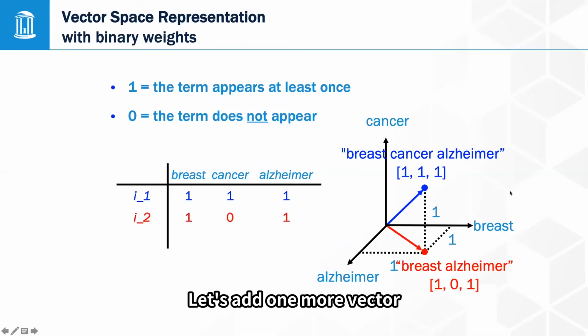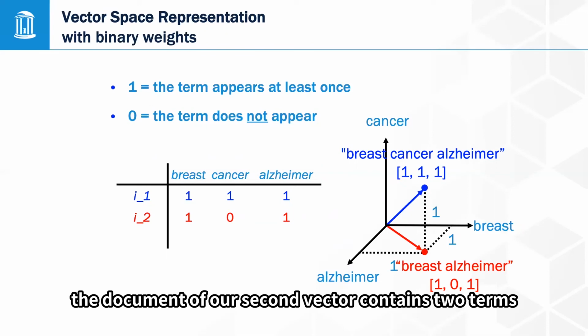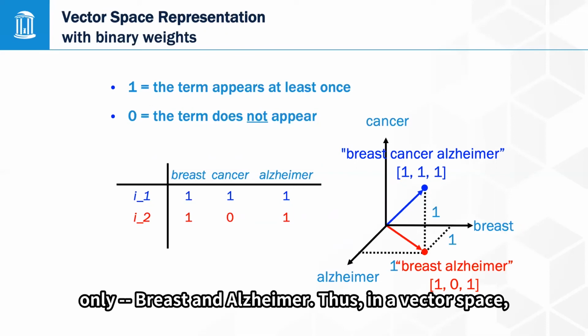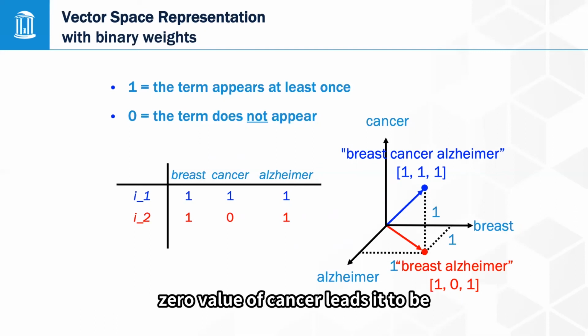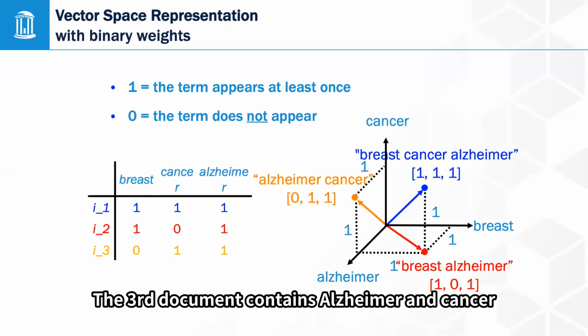Let's add one more vector. The document of our second vector contains two terms only, breast and Alzheimer. Thus, in the vector space, a zero value of cancer leads it to be located at the plane composed of basis vectors of Alzheimer and breast. The third document contains Alzheimer and cancer.